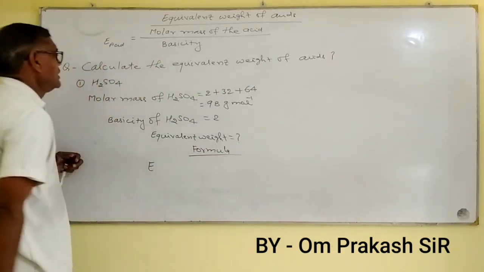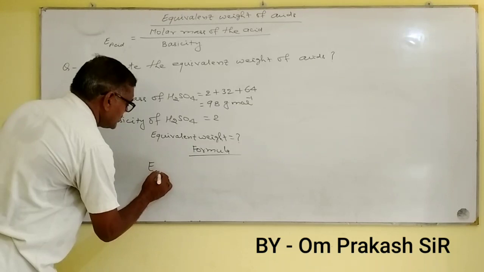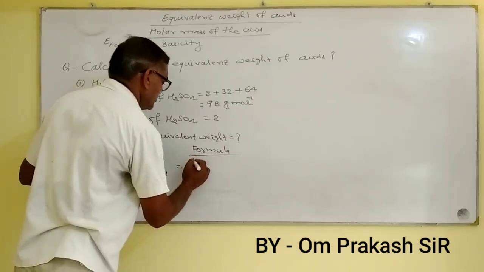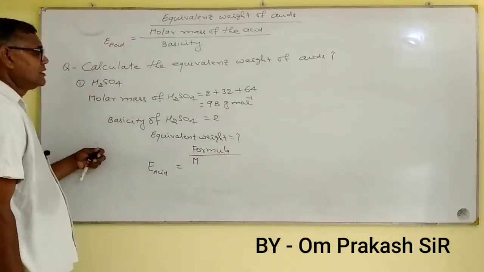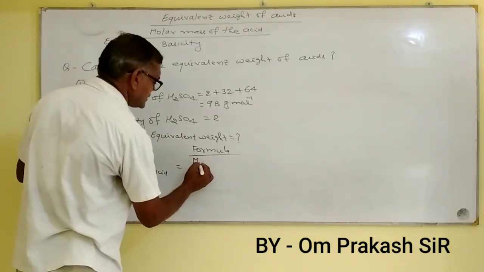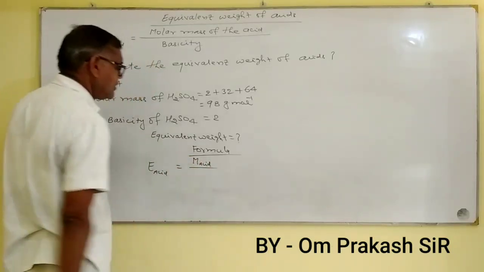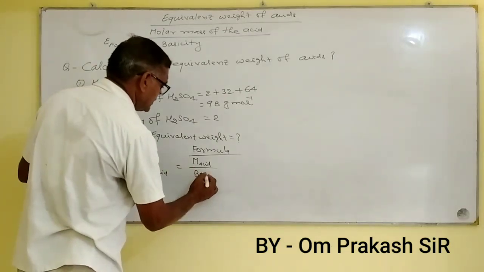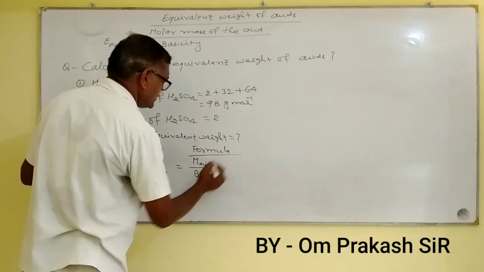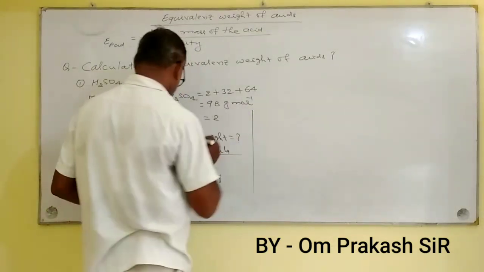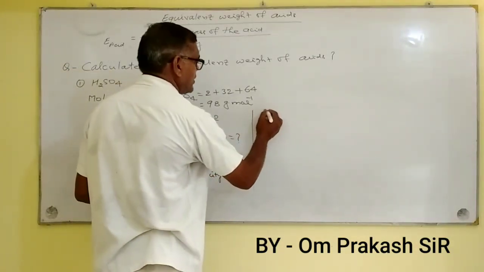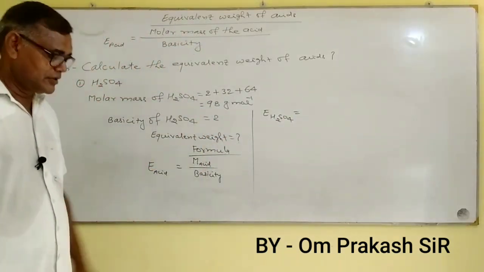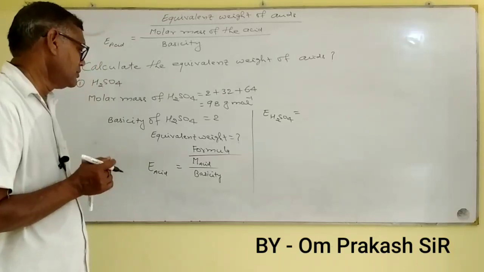E denote equivalent weight. E acid indicate equivalent weight of acid. M indicate molar mass or molecular mass. M acid indicate molecular mass of acid. Here we write basicity. Here we write E H2SO4, which indicate equivalent weight of H2SO4.